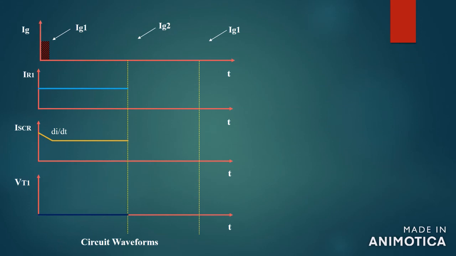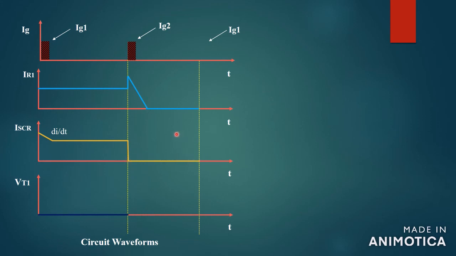So this is the waveform as and when we apply a triggering pulse to the thyristor T2. So this is a triggering pulse for thyristor T2. So this is the current flowing through the resistor R1, that is the load. Now thyristor T1 is not conducting, and hence no current will flow through the device.